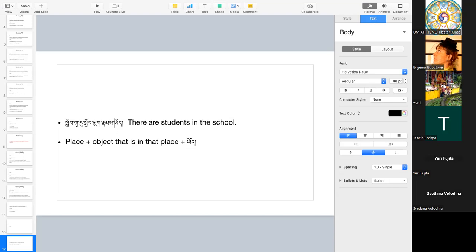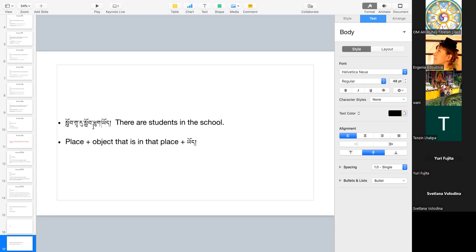So it's either usage of this word or it's just not using the word that makes it lobtushik. If we say shik or chick, then it becomes one. Otherwise, it's always plural. So place, object that is in that place, and the particle. And you see that this particle shows a relation between the position and the object which is at that position.